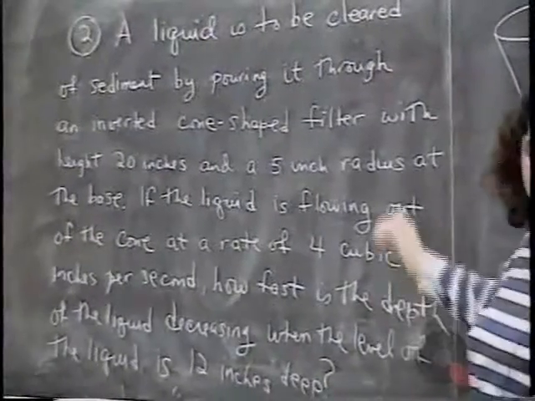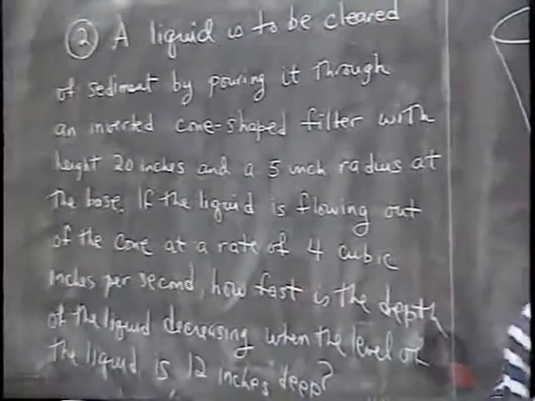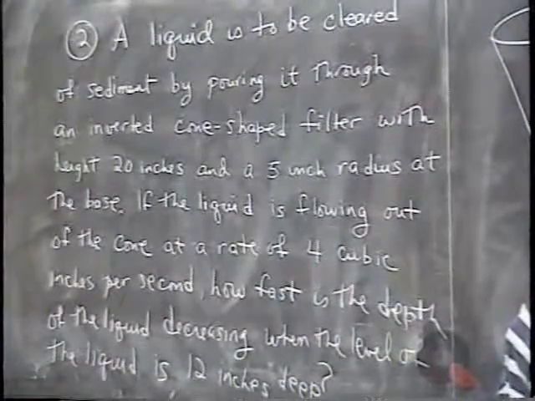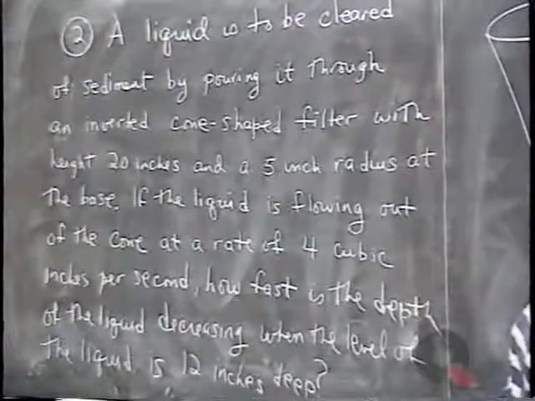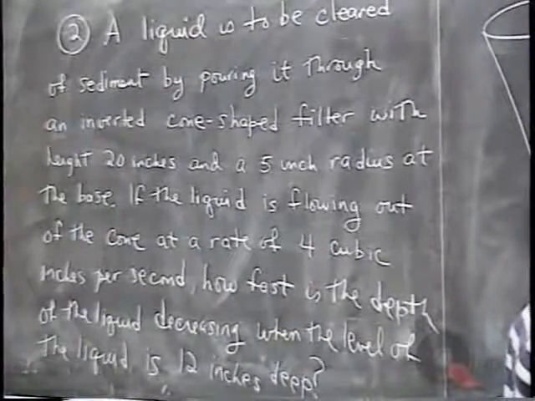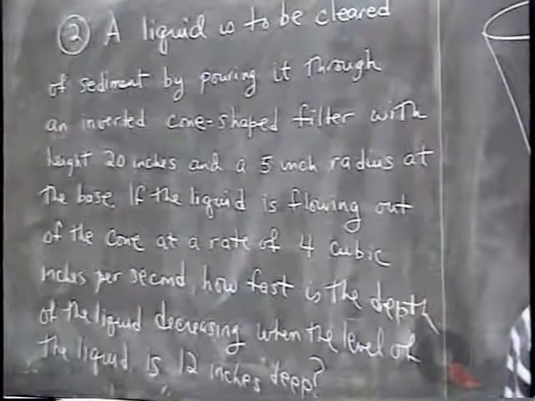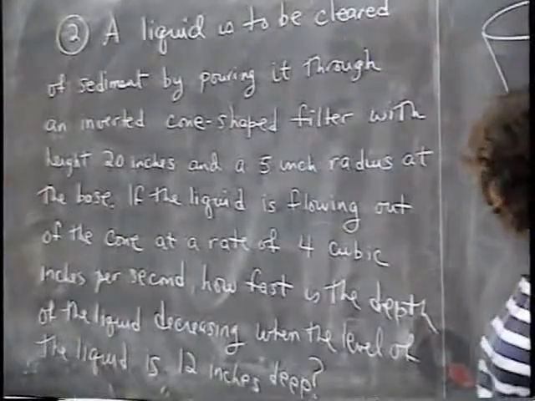In our second example, a liquid is to be cleared of sediment by pouring it through an inverted cone-shaped filter with height 20 inches and a 5-inch radius at the base. If the liquid is flowing out of the cone at a rate of 4 cubic inches per second, how fast is the depth of the liquid decreasing when the level of the liquid is 12 inches deep?